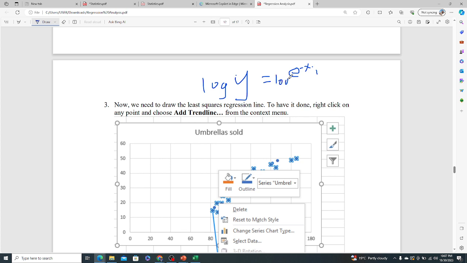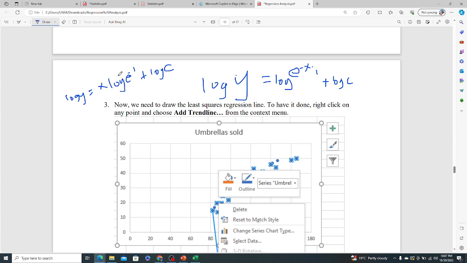We can introduce log to make our model linear. If we apply log everywhere, we'll have log y as our output, and then we have log of the exponent of x, so it will be x times log of the exponent minus 1, plus log of c.